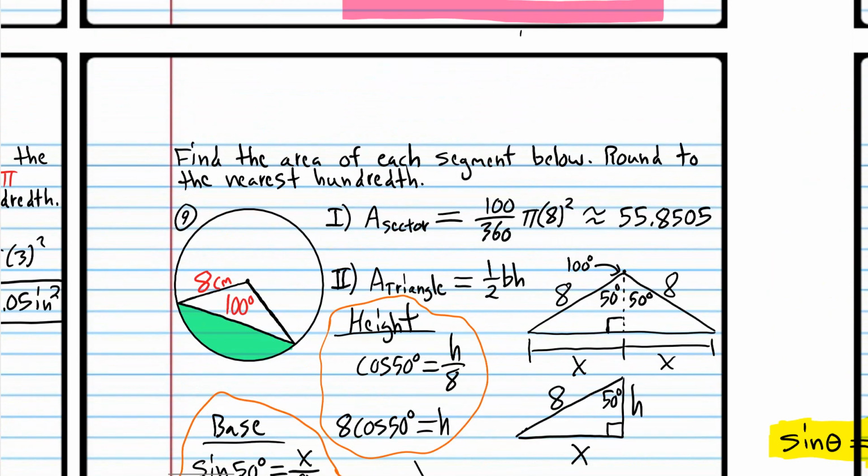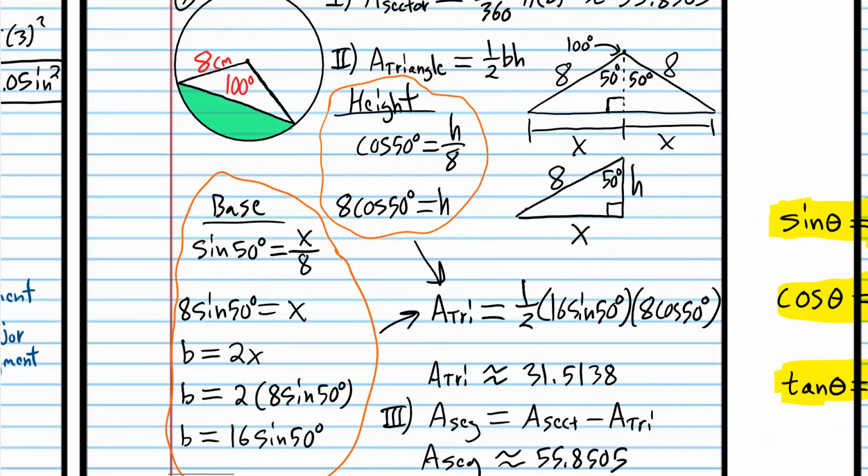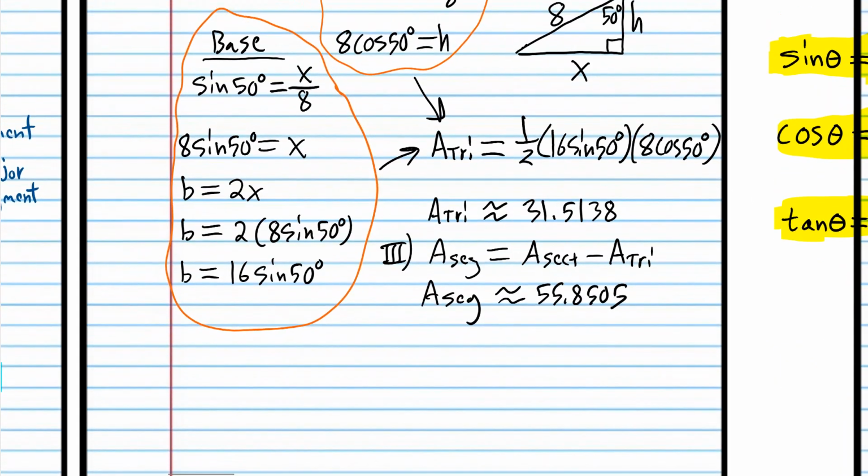So that's the number that we found up here. That's the area of the sector. And minus the area we just found, 31.5138. And go ahead and do that in your calculator.